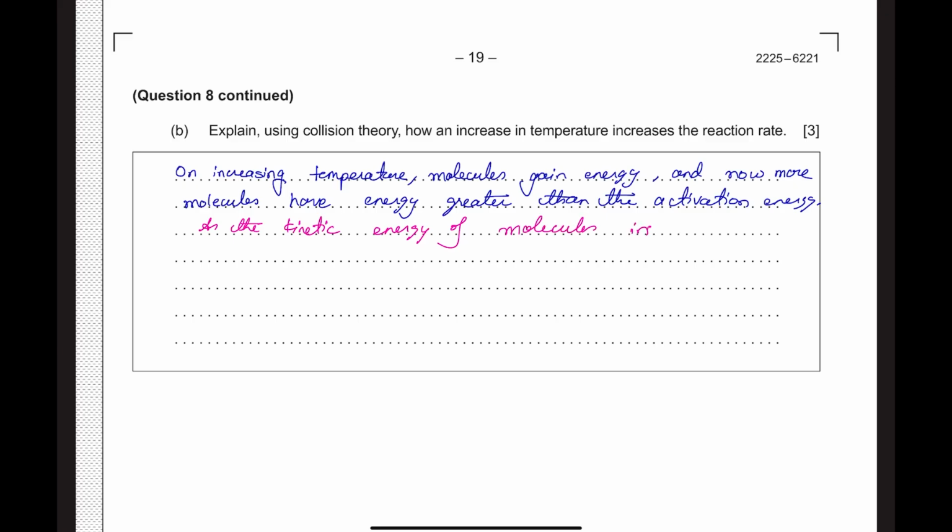As the kinetic energy of molecules increases, molecules start moving faster, resulting in an increased number of collisions per unit time.